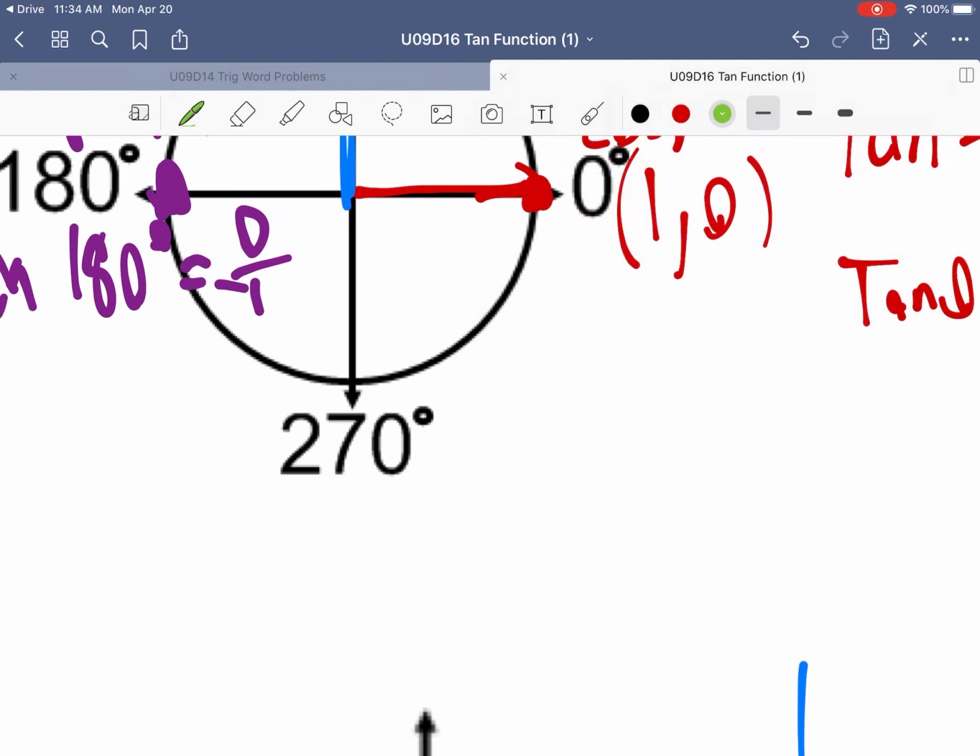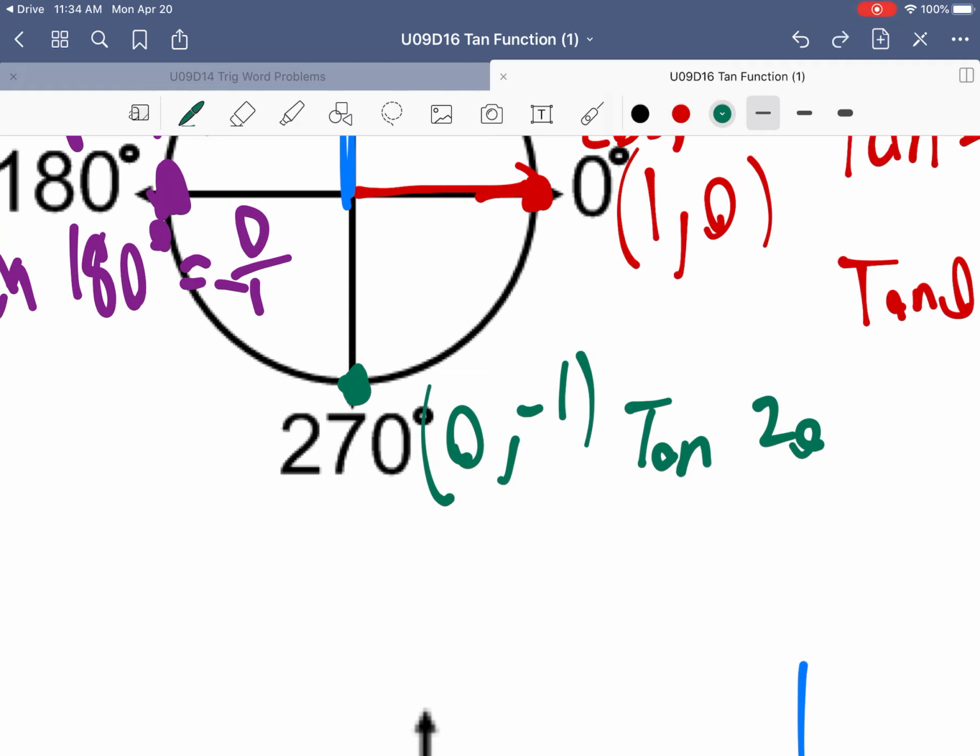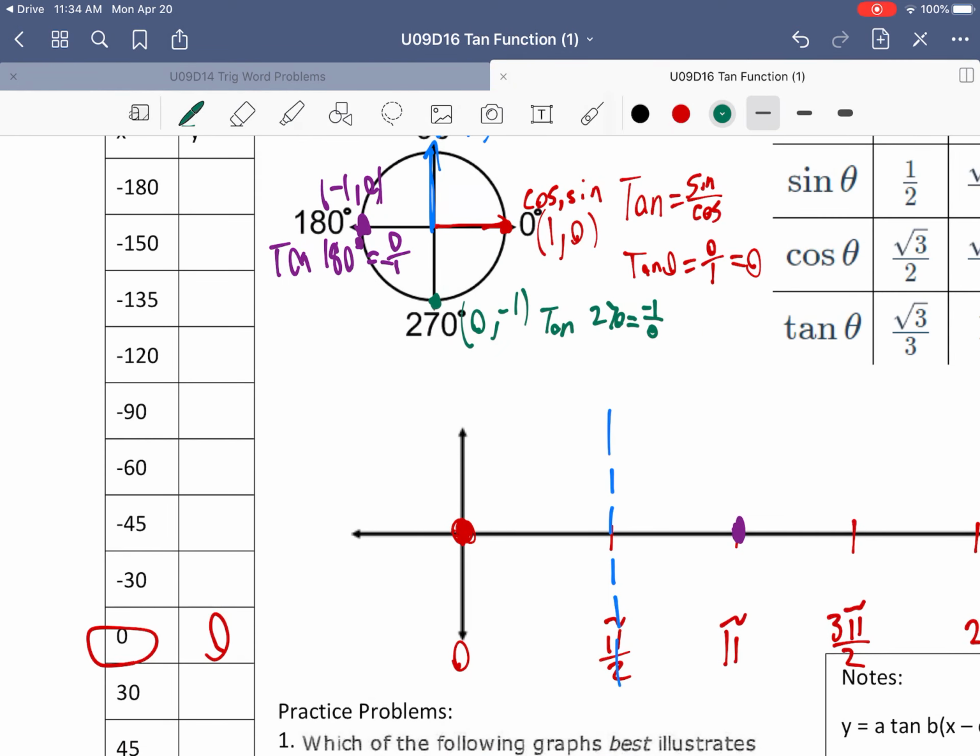And we'll do 270. And this point is 0, -1, which means the tangent of 270 will be equal to -1 over 0, or once again undefined.